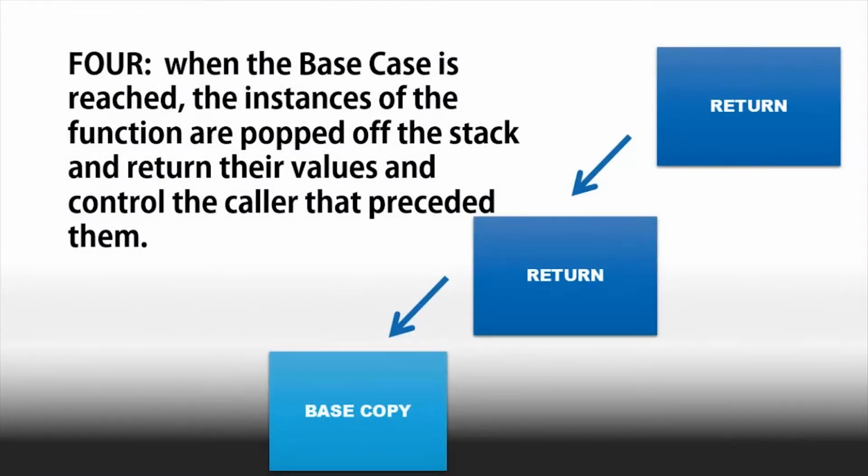Once the base case is reached, the return process begins. That last call returns whatever value is set in the base case, and that initiates the return of the one that preceded it, and so on and so on, all the way back to the original caller, and then the result of all of that recursion is passed back into your program.